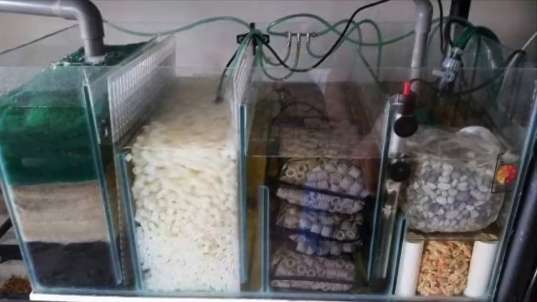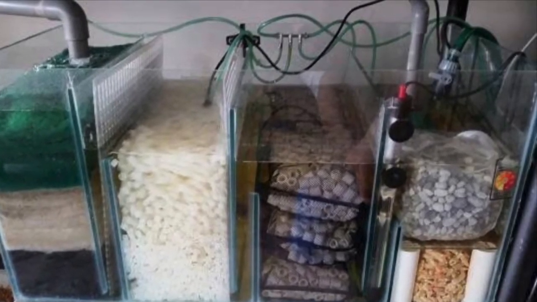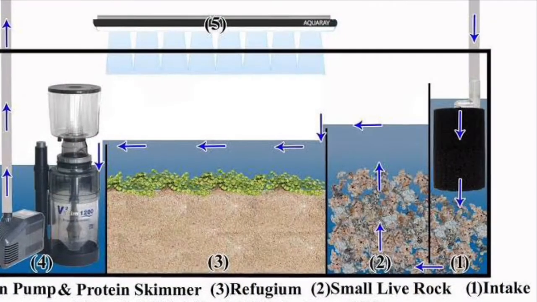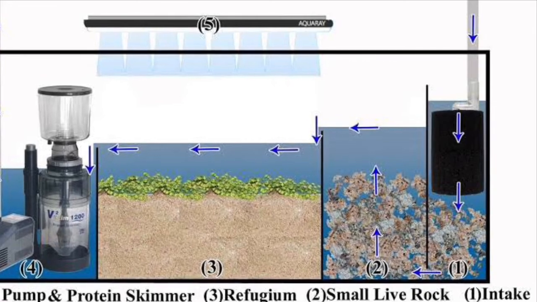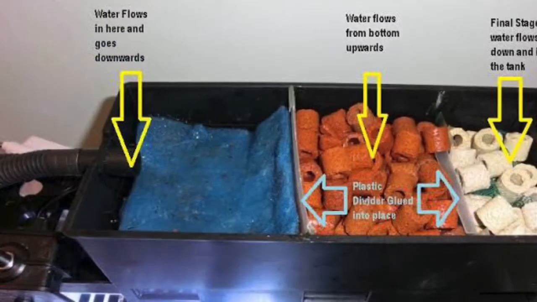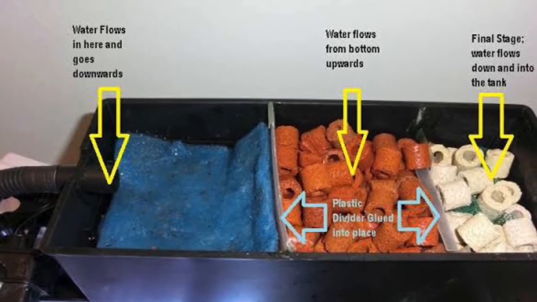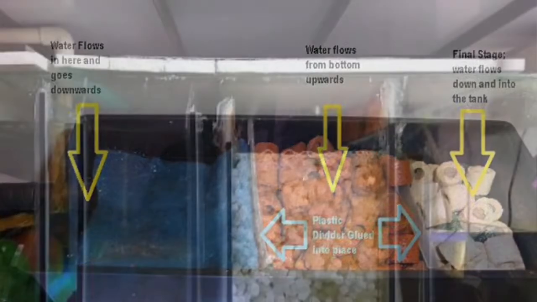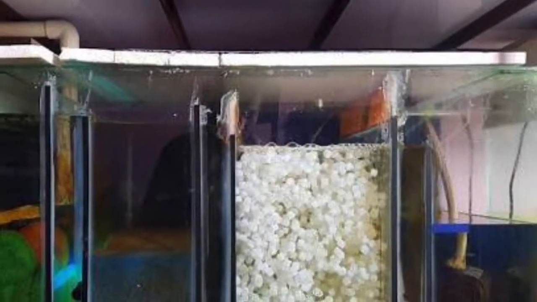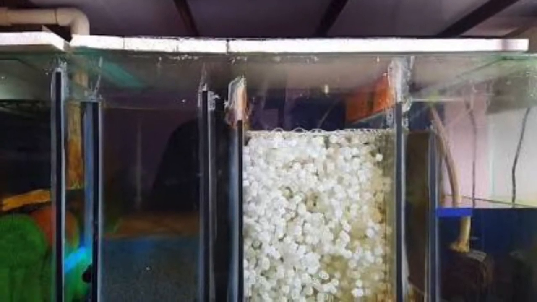Fifth in the list we have the sump filter. Sump filters are considered critical for marine and freshwater aquariums. Many hobbyists make their own sump filter to save money and customize them. Homemade sump filters have considerable variation, but their assembly is generally and fundamentally the same. This filter comes in two configurations, one which is placed on top of the aquarium and one which is placed below the aquarium. We are going to talk about the sump which is placed below the aquarium. In this design, water will flow by gravity to the filter below the aquarium.